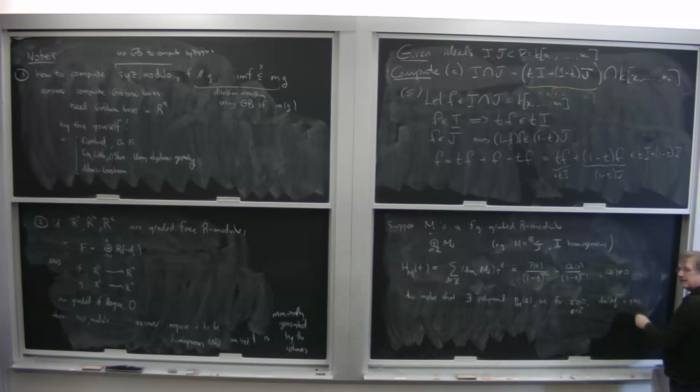So all of these things are taking the value of a polynomial, and this is called the Hilbert polynomial.